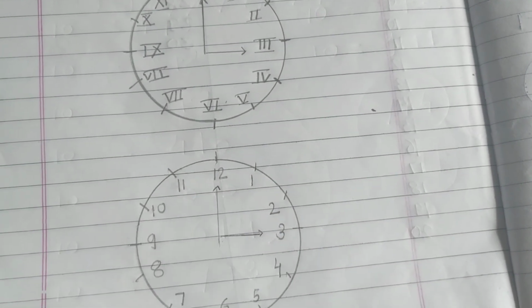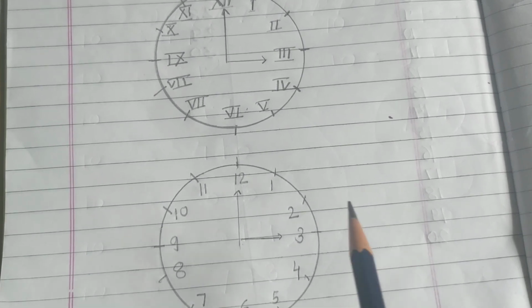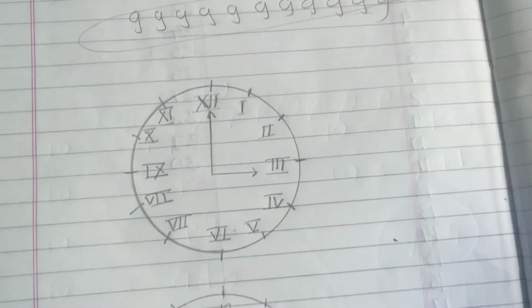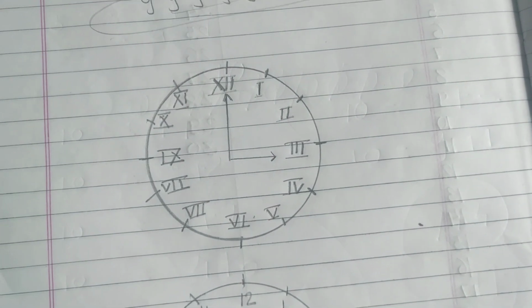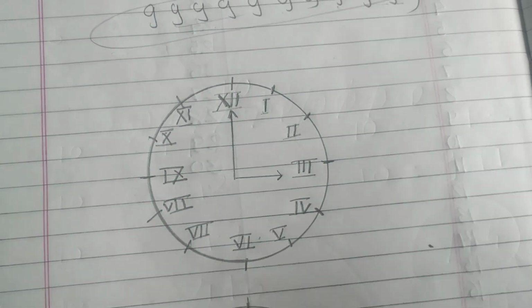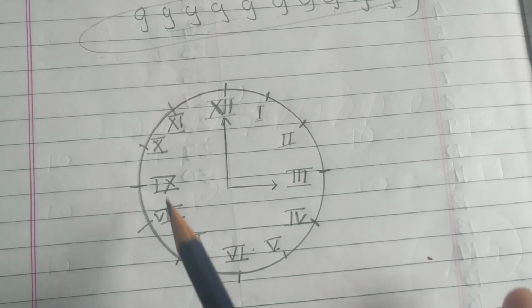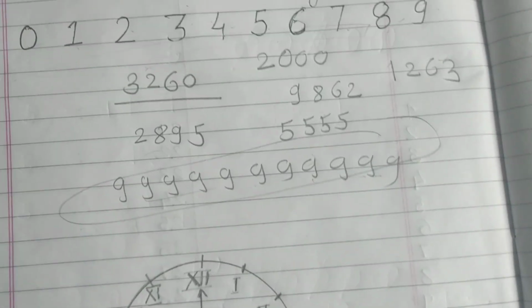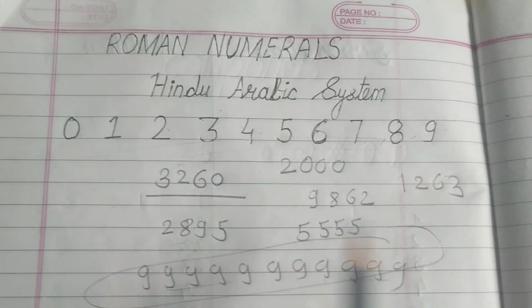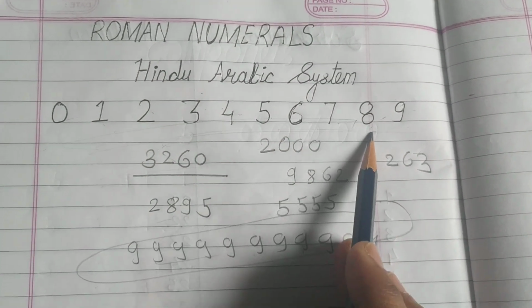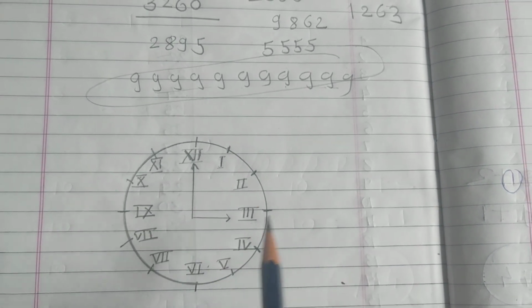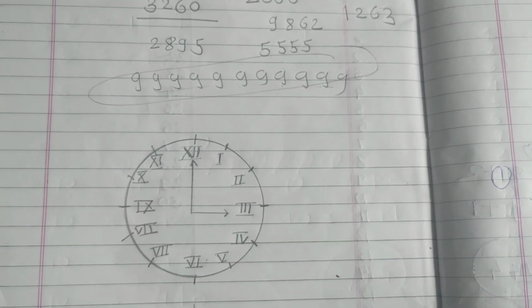These are the Hindu-Arabic numbers, but these are Roman numerals. In Roman, they use this type of letters, alphabets, to write a number. They are not aware of the Hindu-Arabic symbols.